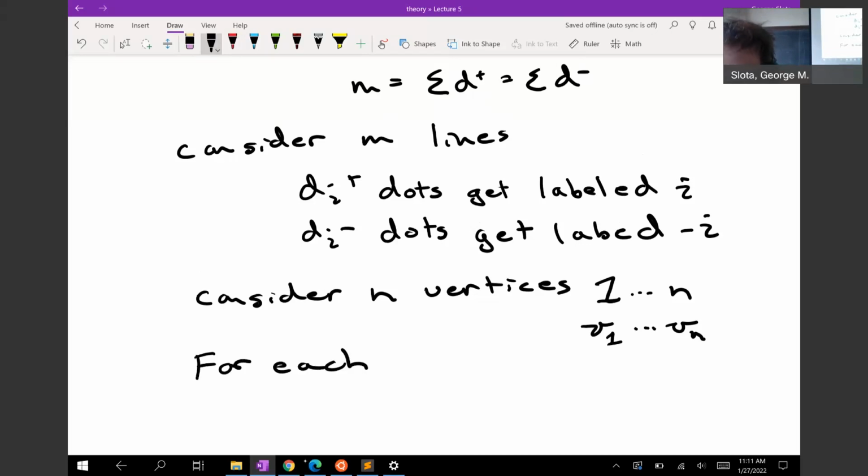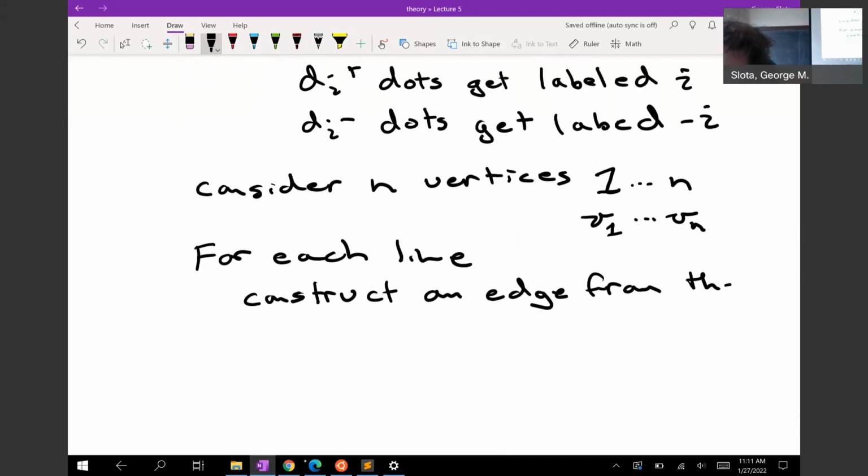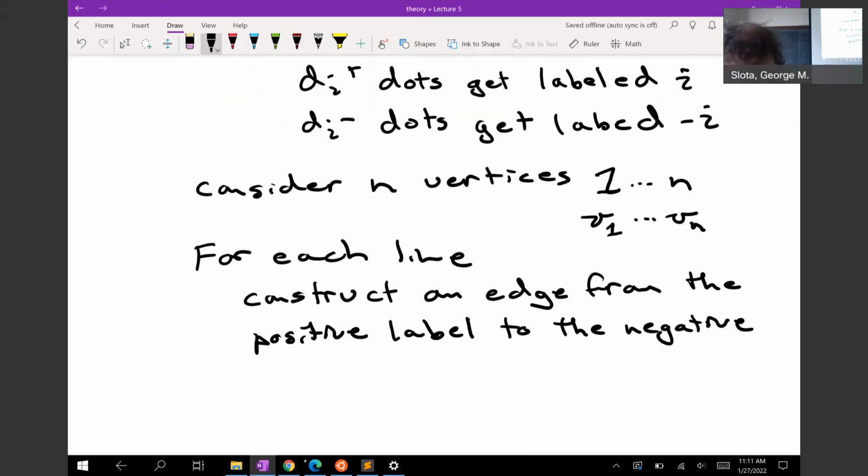For each line, not dot, construct an edge from positive label to negative label via vertex.